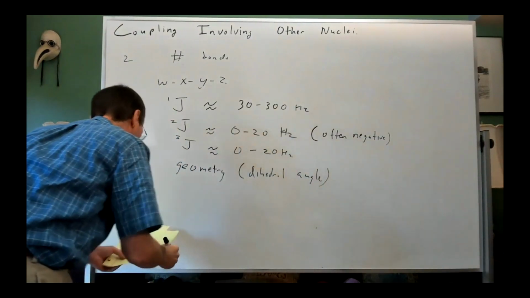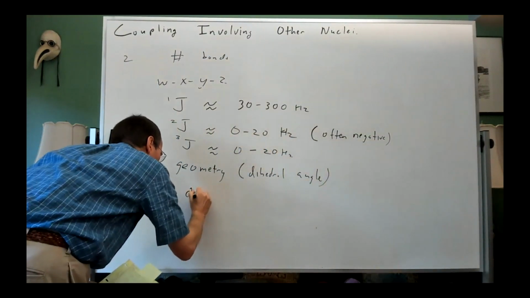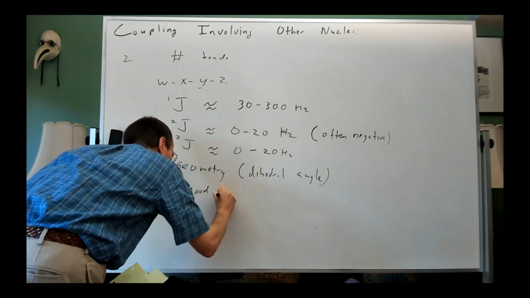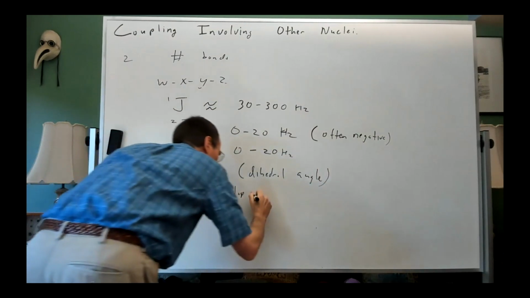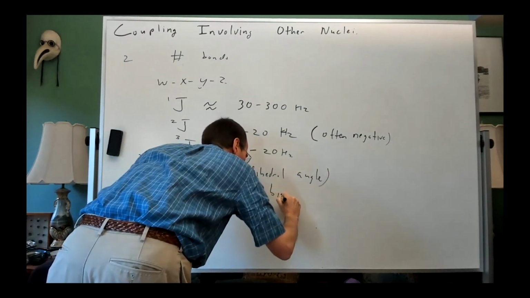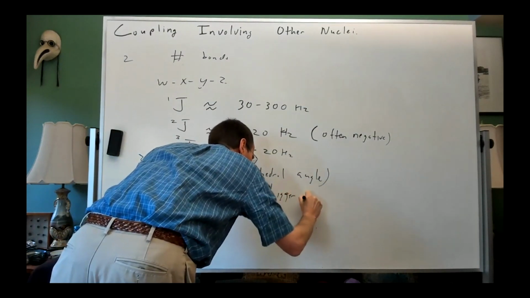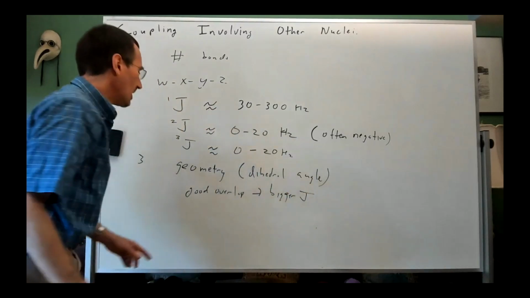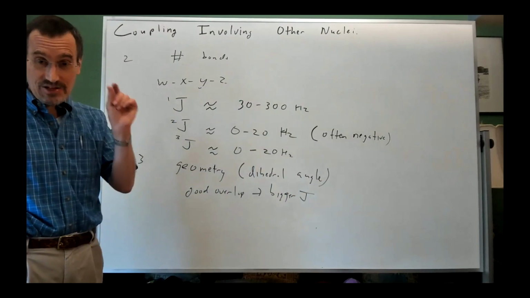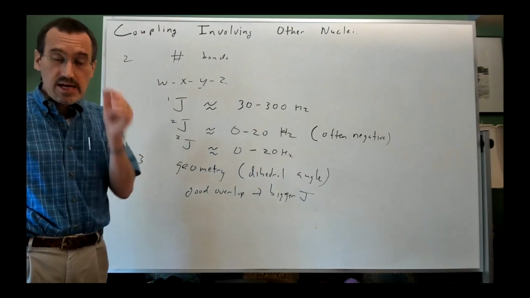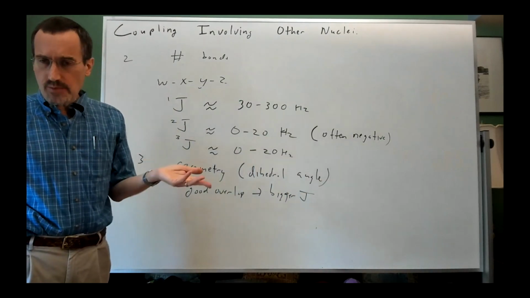A general rule of thumb is good overlap leads to a bigger J, and conversely, bad overlap leads to very small or no J. We talked about the Karplus curve.